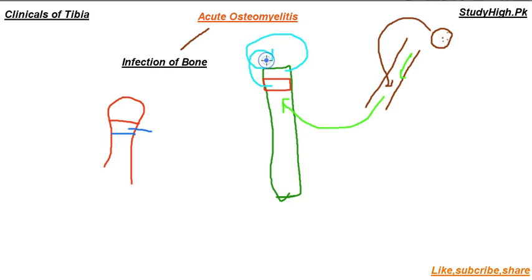So mostly, what are the causes of acute osteomyelitis? Infection of the bone occurs in children and adults. In children, or sometimes in adults, blood is the source that causes entry of bacteria into this region of the bone.